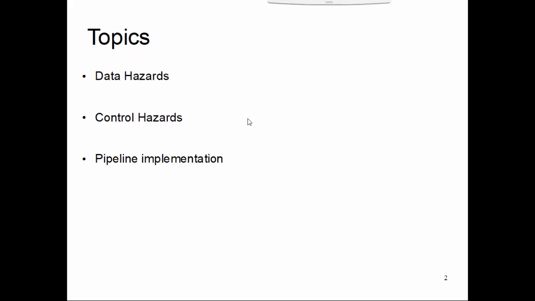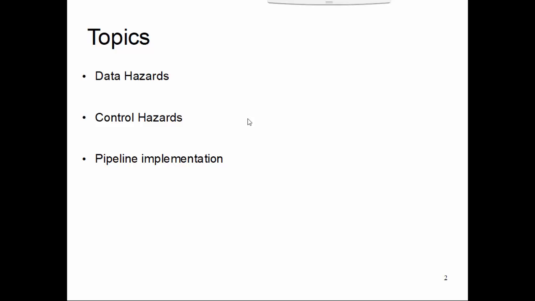Pipeline implementation is a complex subject itself, and possibly it's a candidate for a master level study. So we'll just look at the outline of the idea, how a pipeline can be implemented, at a very shallow level, and then we'll leave that topic.